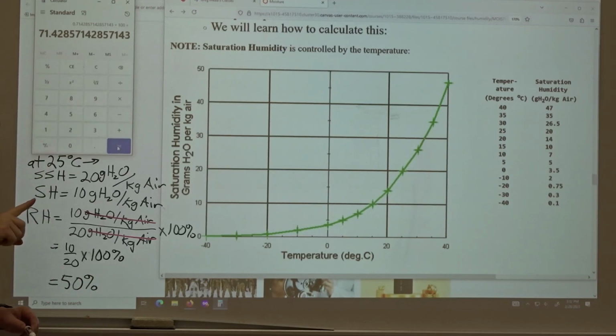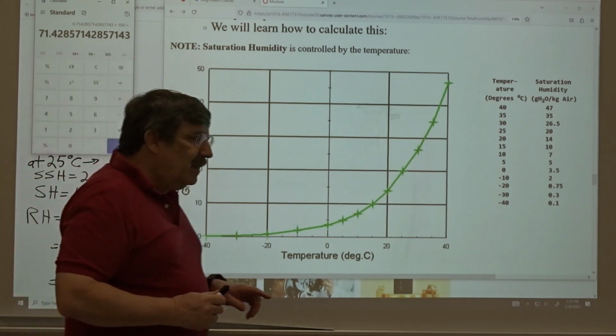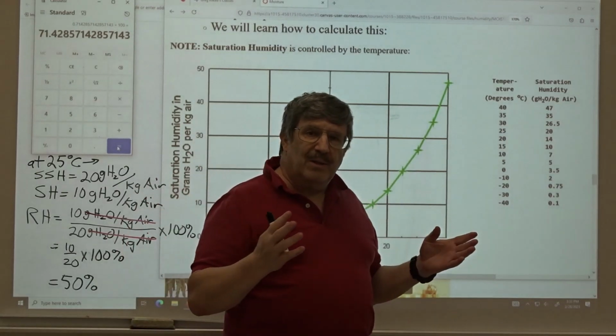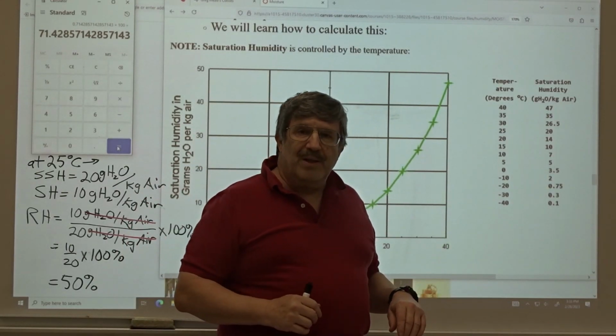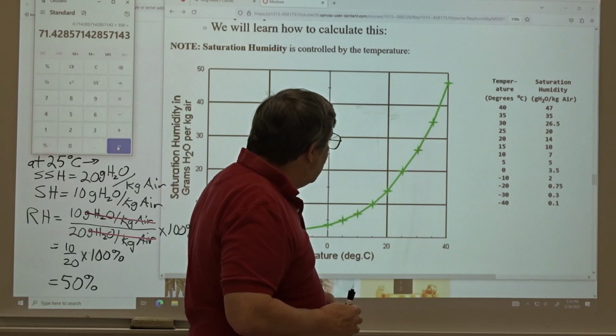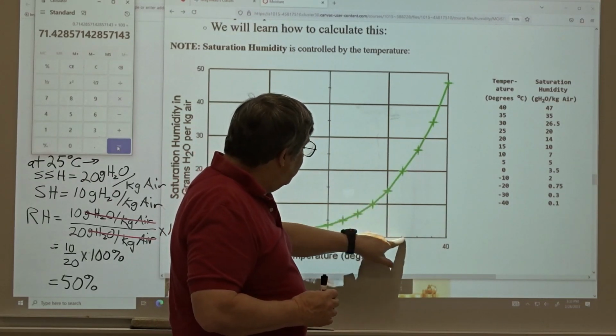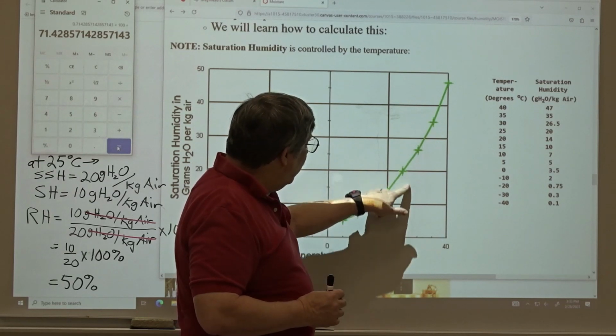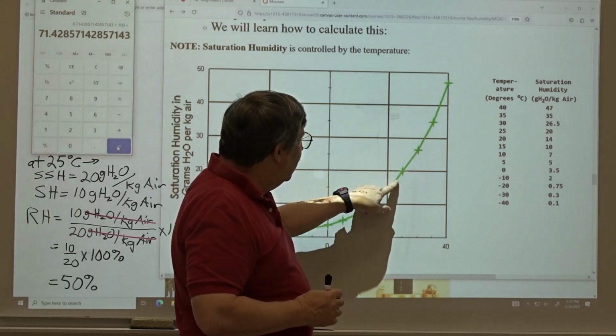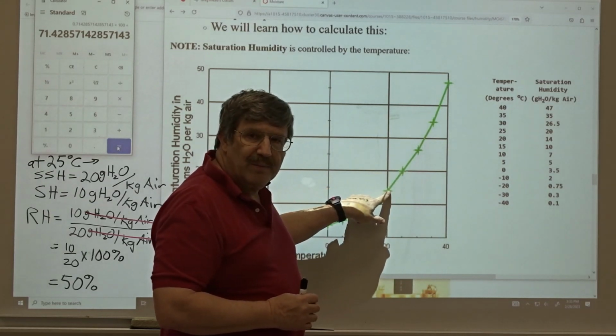But now, let's imagine that in the middle of the day, our temperature is 25 degrees Celsius. And then, as the day gets older and older, as the sun goes down, the temperature drops. And let's imagine that the temperature drops from 25 degrees down to 20 degrees.